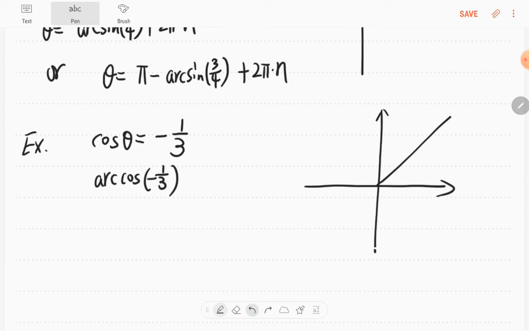Cosine should be negative, so the terminal side should be in the second and the fourth quadrant, right? Arc cosine of -1/3 is an angle between 0 and pi.